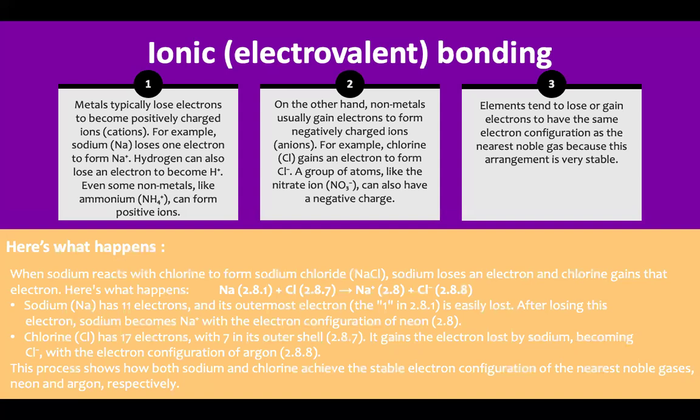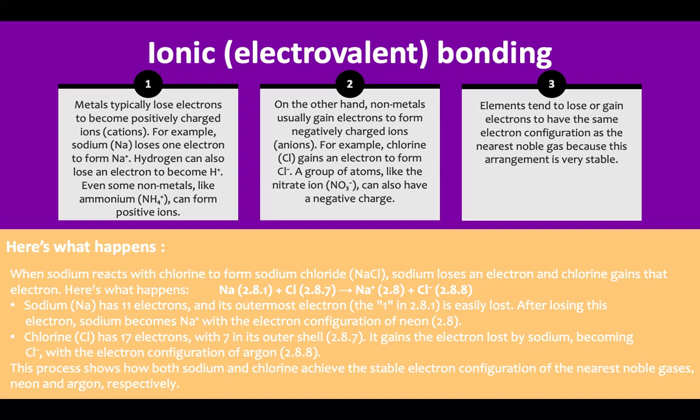On the other hand, non-metals usually gain electrons to form negatively charged ions, anions. For example, chlorine gains an electron to form Cl-. A group of atoms like the nitrate ion NO3- can also have a negative charge. Elements tend to lose or gain electrons to have the same electron configurations as the nearest noble gas because this arrangement is very stable. And here is what happened.